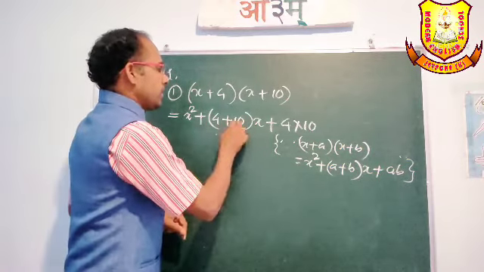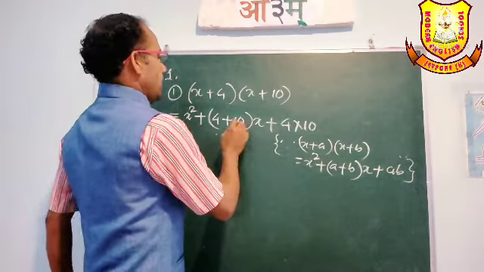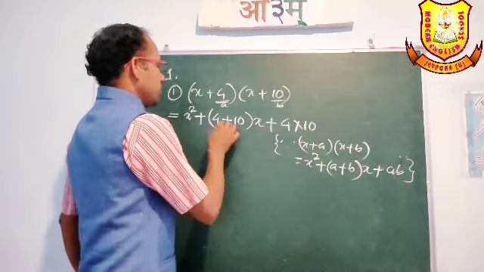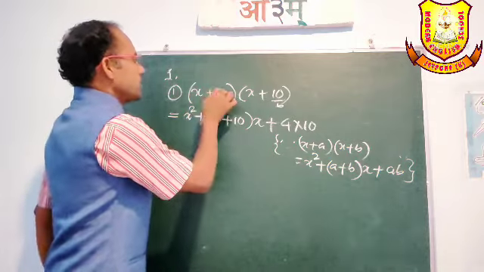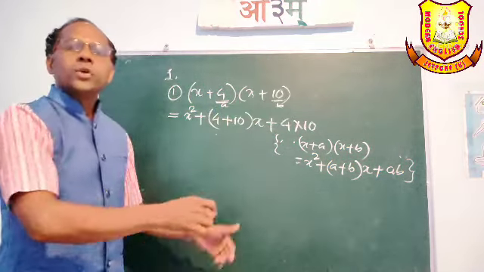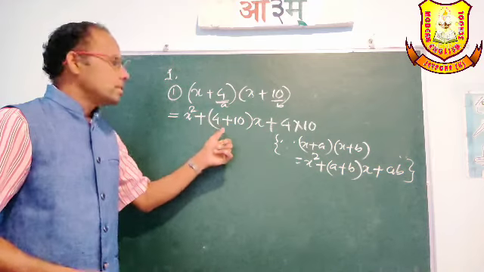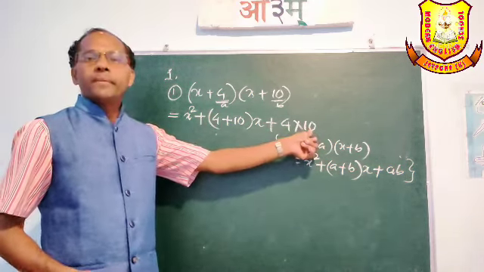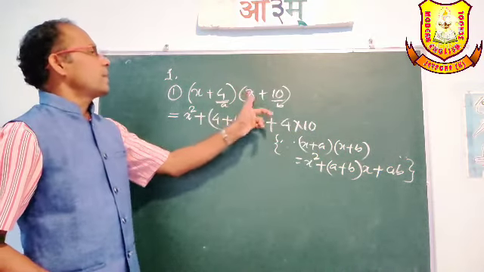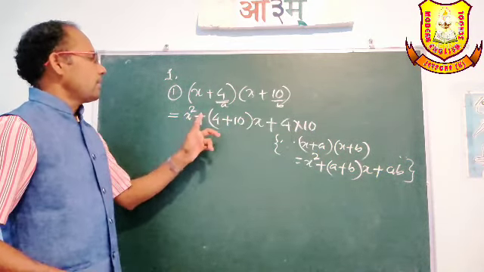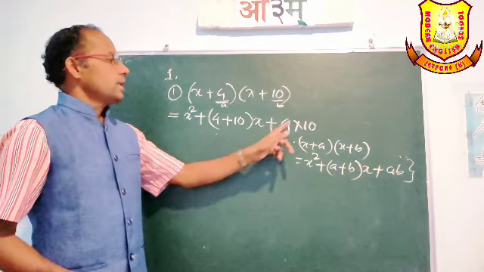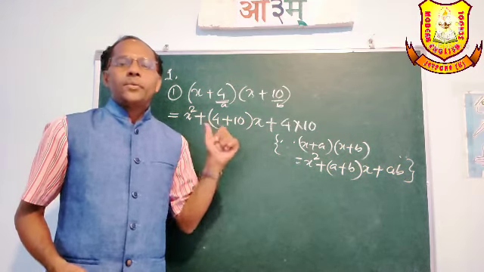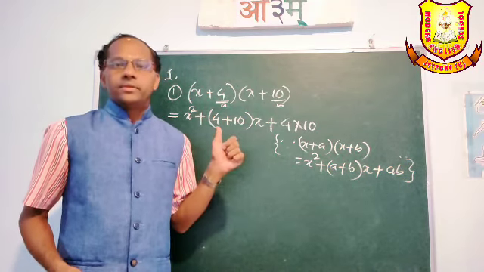Here 4 equals a, 10 equals b. So this is x square, (x plus a) whole into (x plus b), which is equal to x square plus (a plus b) whole into x plus a into b. In place of multiplying, we have to apply algebraic identities.